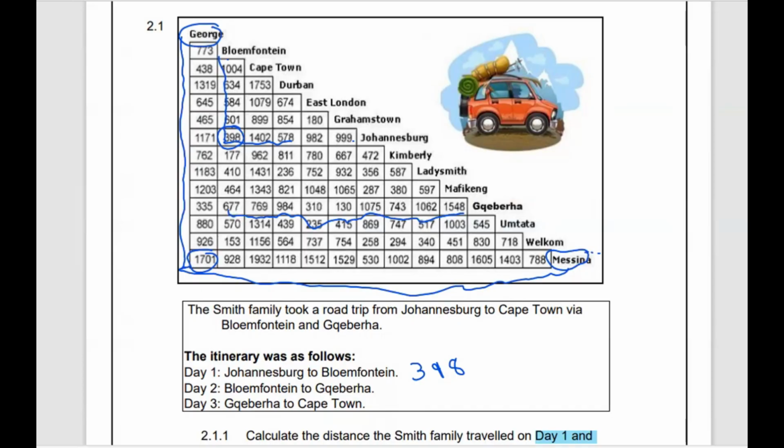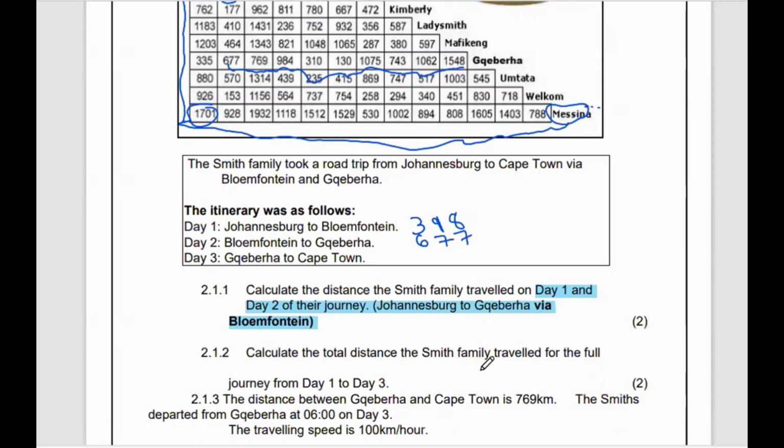So we take that 677 and put it here, 677 kilometers. The question reads, calculate the distance the Smith family traveled on day 1 and day 2 of their journey. So we are going to add the distance of day 1 plus the distance of day 2.